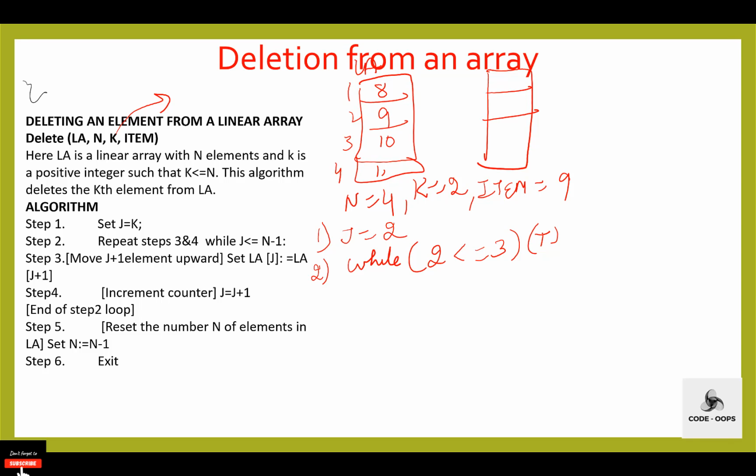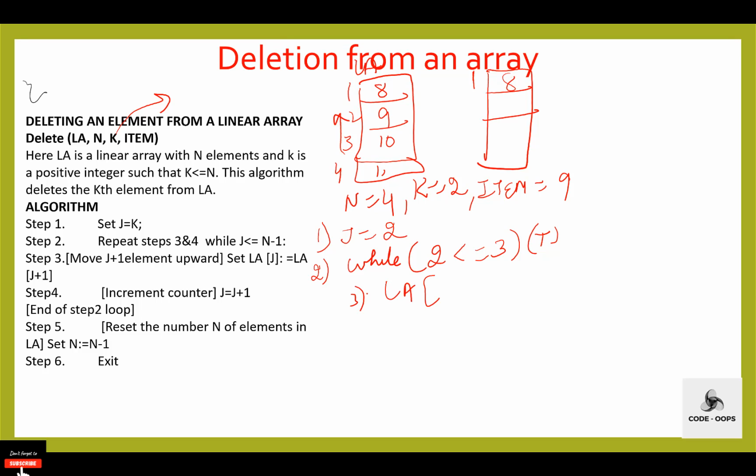Then move the j plus 1 element upward. In deletion, we have to move elements upwards. In insertion, we move the elements downwards. Set LA of j is equal to LA of j plus 1.